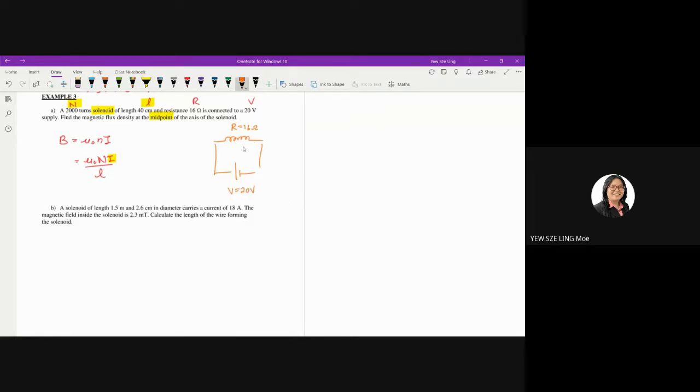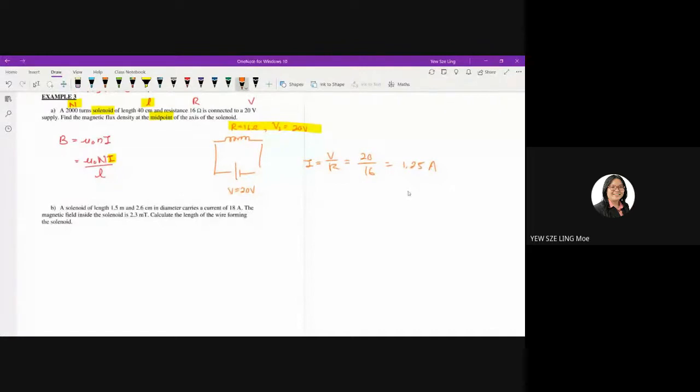So they are being connected in parallel, meaning that when current flowing through your solenoid, V across solenoid is also equals to 20 volt. So from here, you can then calculate the current flowing through it. So I is equals to V over R, which is equals to 20 over 16, which is then equals to 1.25.